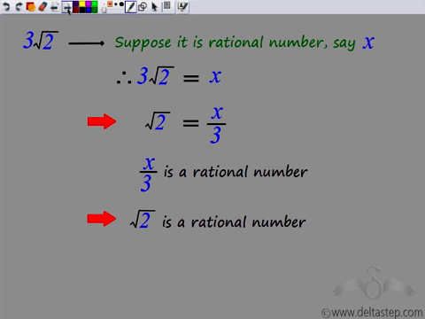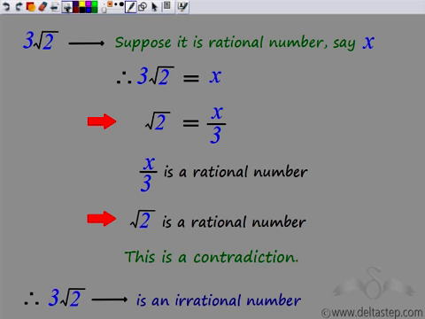Now again, we know this is not true. I get a contradiction. If I get a contradiction, that means that whatever I had supposed initially is wrong. So that is, if I multiply a rational with an irrational, that is 3 times under root 2, that is not a rational number, but instead that would be an irrational number.